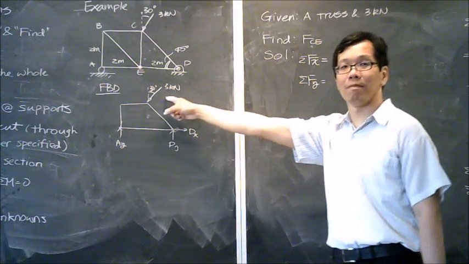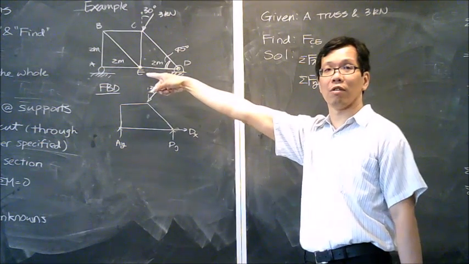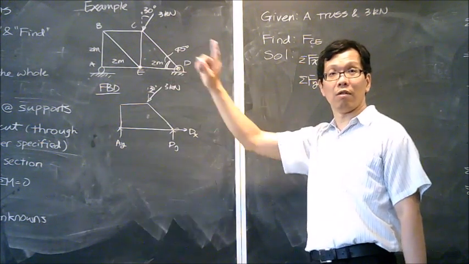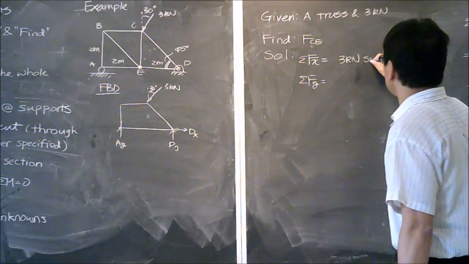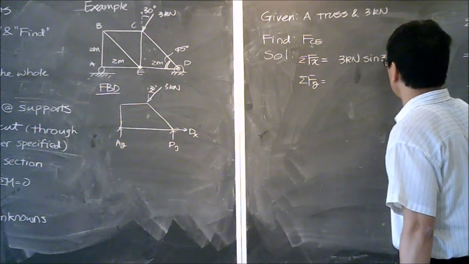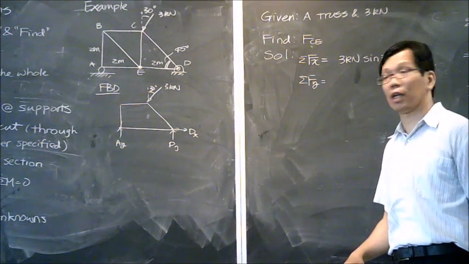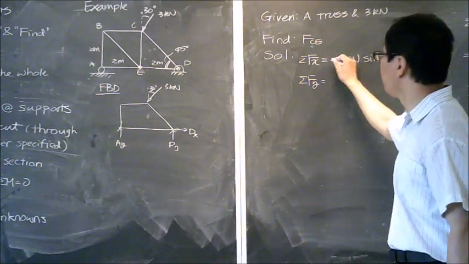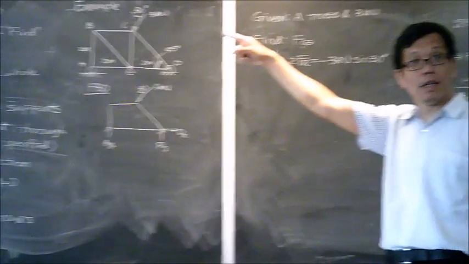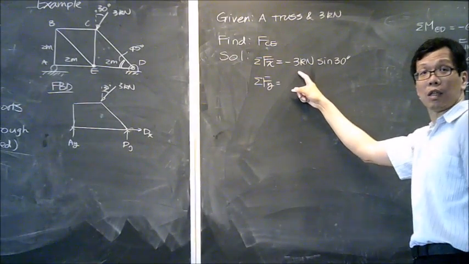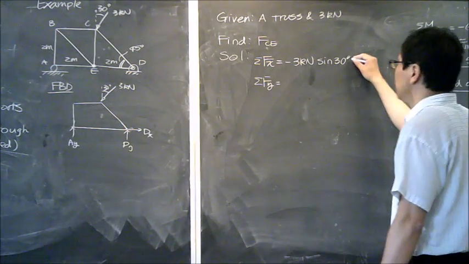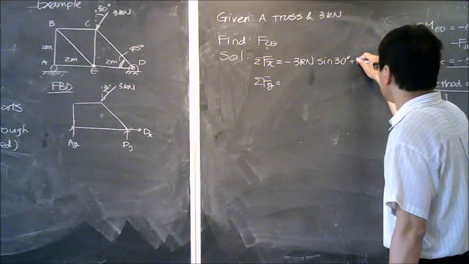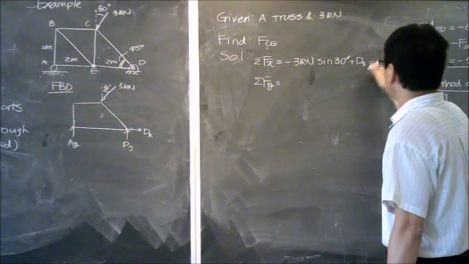In this case, in that direction, it should be sine, right? Some of you guys use cosine, so make sure you use the correct angle and correct sine cosine value, okay? And since this force is pointing to your left hand side, it must be a negative sign in front of it. And the other force you need to deal with is dx. This equals 0.